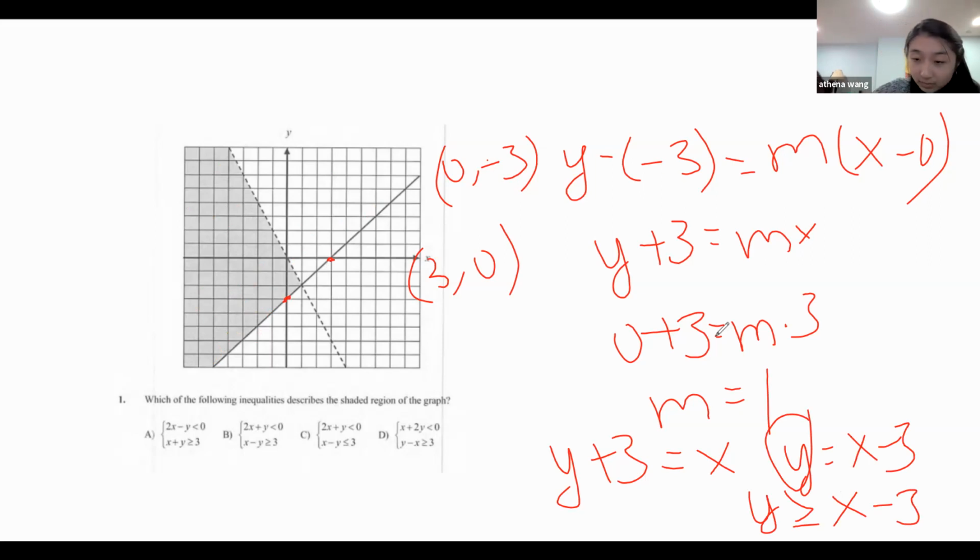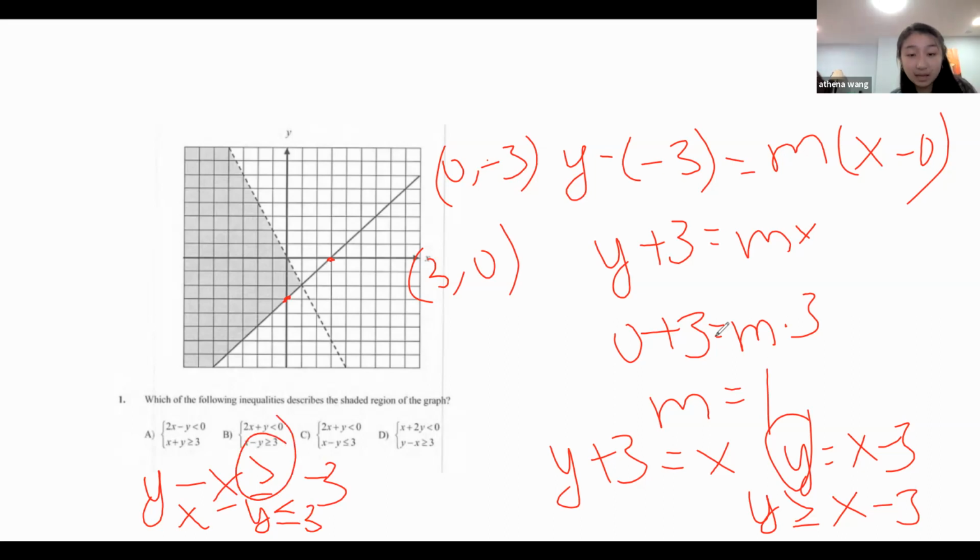So we move the variables all onto one side. So we have y minus x is greater than or equal to -3, and we multiply by -1 on both sides. So we have x minus y is less than or equal to 3. Remember to change the inequality sign. So that would be C.